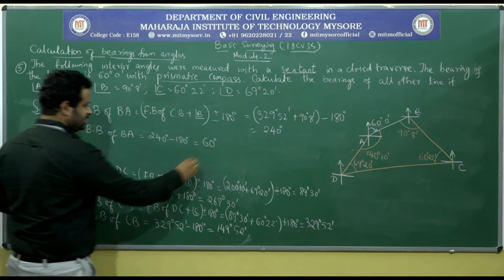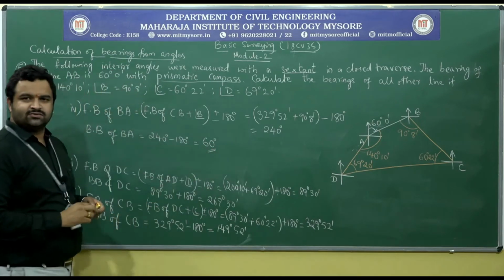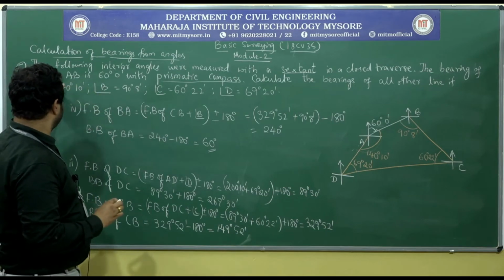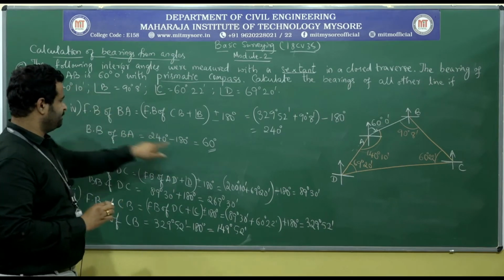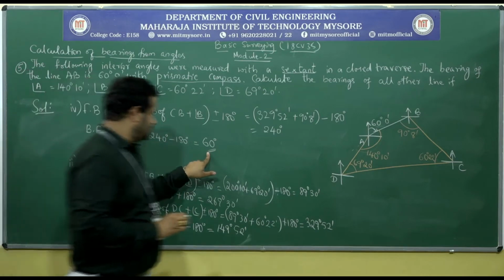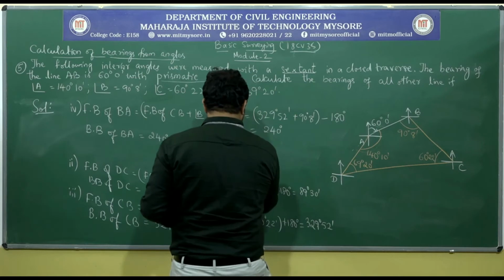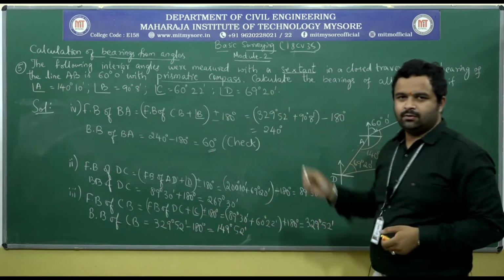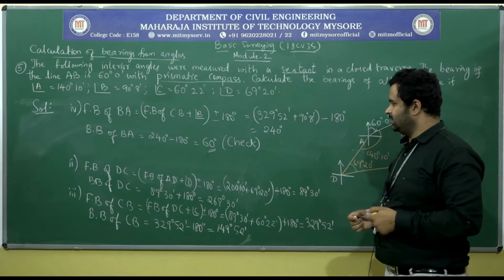If you see this 60 degree, have you seen this value somewhere previously? Yes. The given bearing of the line AB is 60 degree, and the back bearing of BA is 60 degree. So this is nothing but a check. If this is satisfied, we can say that we have calculated all the unknowns correctly.